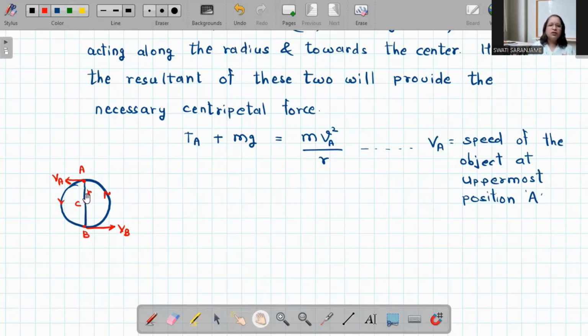So for this, when it reaches the minimum speed, let us say that the tension developed in the string would be 0. So VA is the minimum possible speed, just to keep continuing that vertical circular motion.